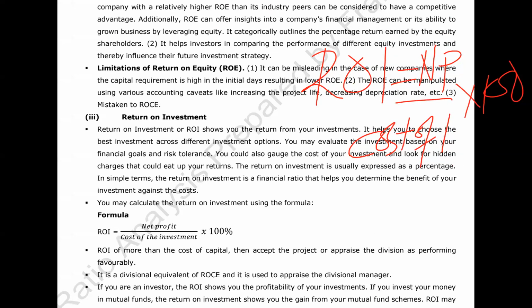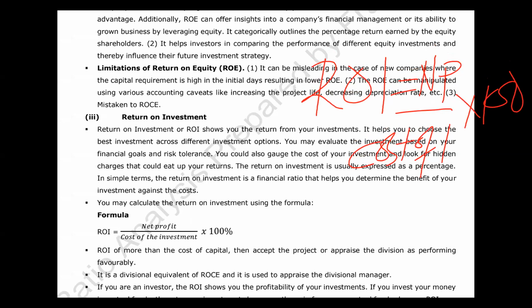It helps you to actually choose the best investment across the different investment options, just like investment appraisals. So when you are given different investment options, for you to choose which one is which, you need to calculate from those investments the return on each investment. It is basically the net profit divided by the cost of the investment multiplied by 100. That is what it communicates.